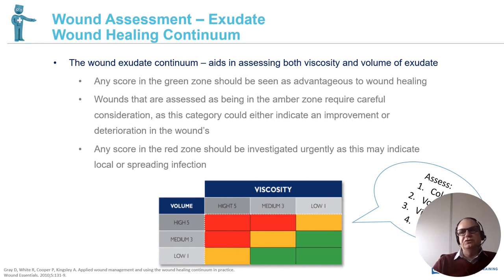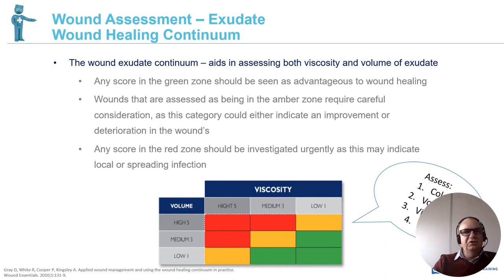It gives us a moist wound healing environment. If we're looking at the amber zone, if it has come from the red, it's obviously getting better. If it has moved from green to amber, obviously there is room for concern. Anything which is in the red needs to be investigated immediately.